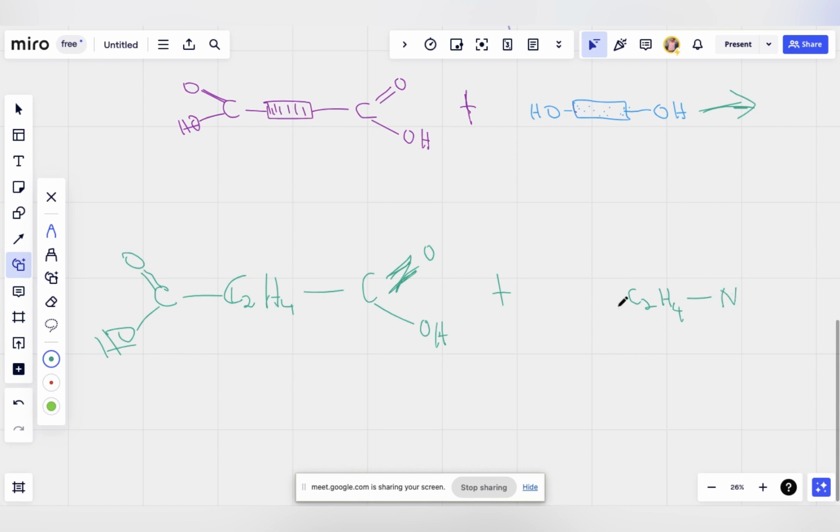Here you have your N, one single bond to H here, another single bond to H at the bottom here. Similarly on the right, one single bond to H and one single bond to H this way. So this is what makes it an amine group. This is the functional group, amine.